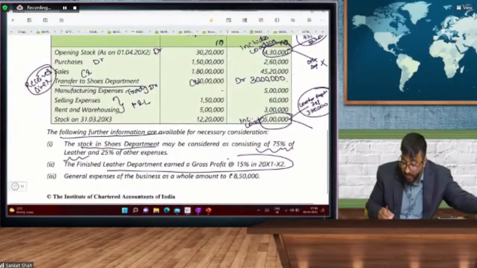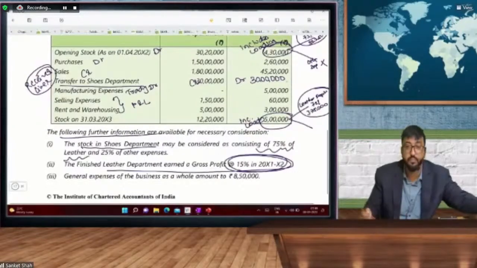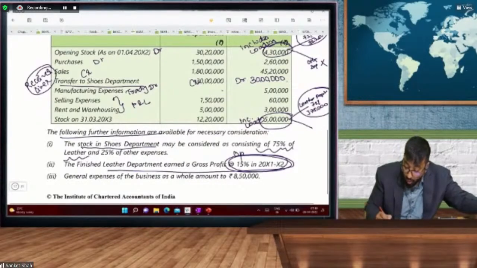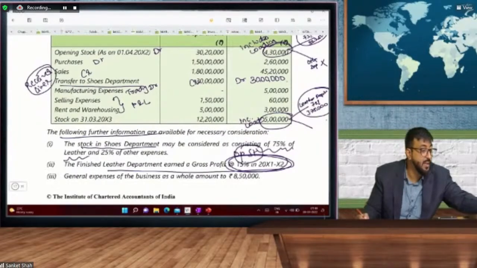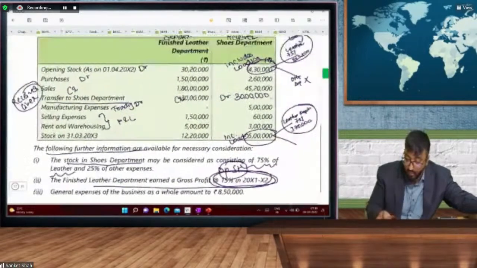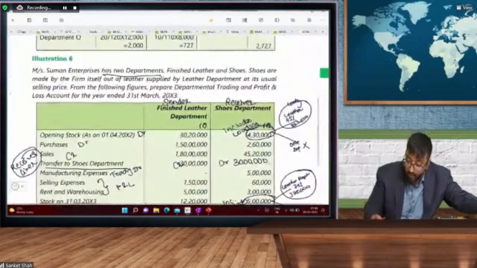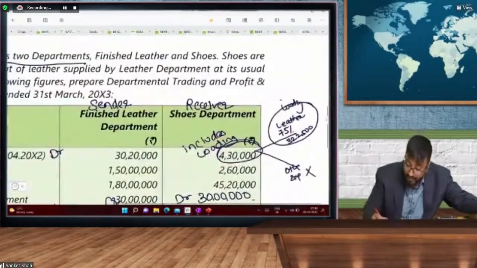Last year GP ratio, 15% GP ratio. That was for opening stock. Last year's GP ratio we will consider for loading of last year.